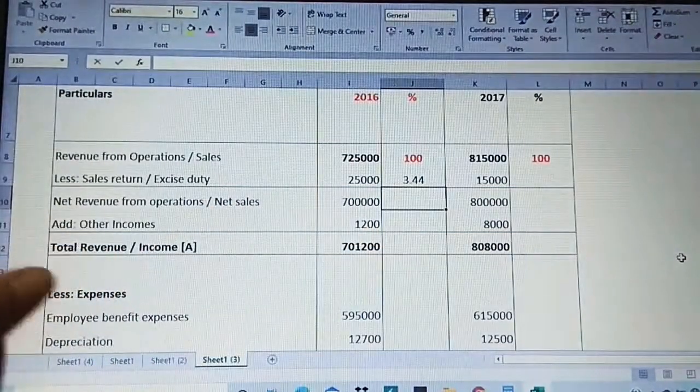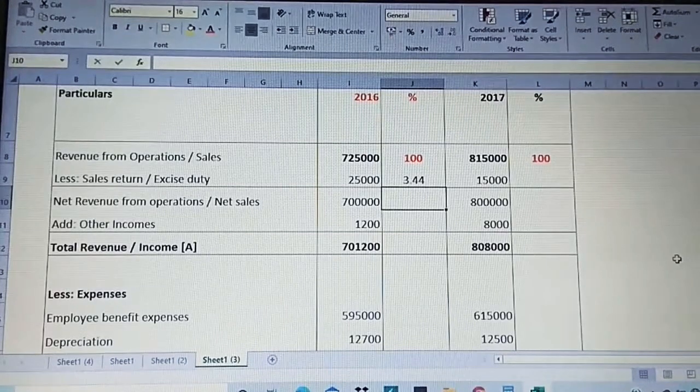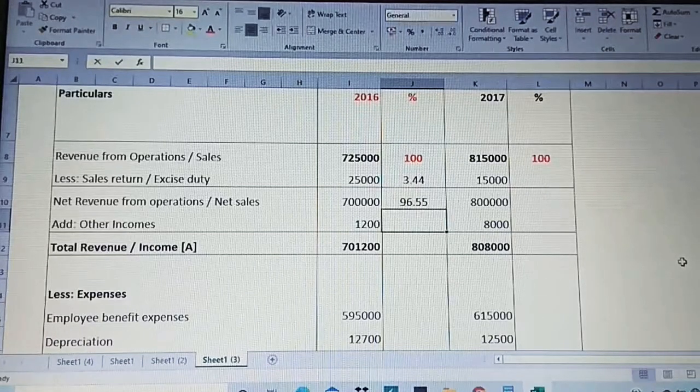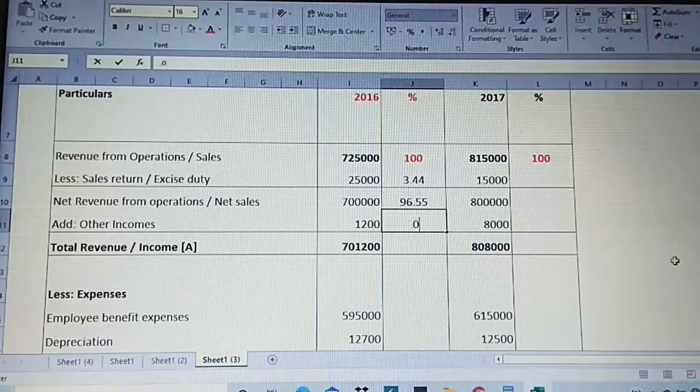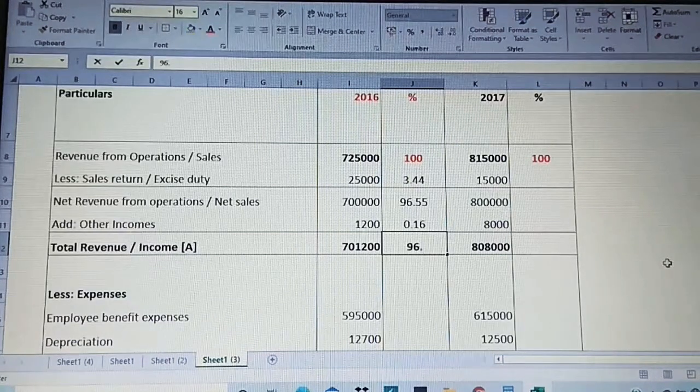Next, 7 lakh divided by 7,25,000 percentage, 96.55. 1,200 divided by 7,25,000, 0.16. 1,200 divided by 7,25,000, 96.71.